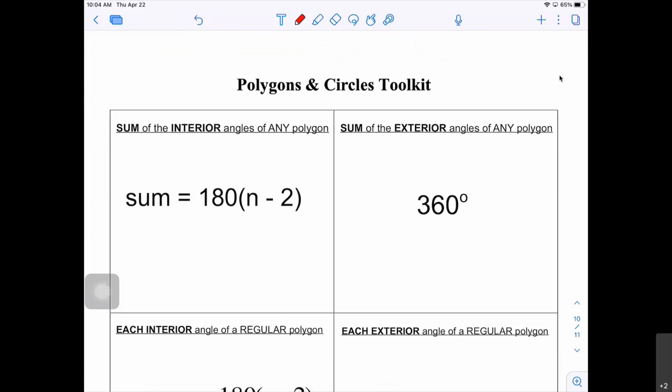We had already filled out yesterday the upper left hand, the sum of the interior angles of any polygon. That's how we find it. Now we just said the sum of the exterior angles of any polygon is 360 degrees. No matter how many sides, no matter whether it's regular or not regular, the sum of the exterior is always 360.